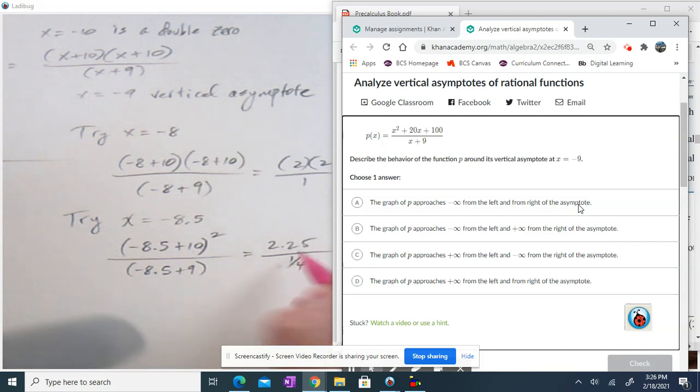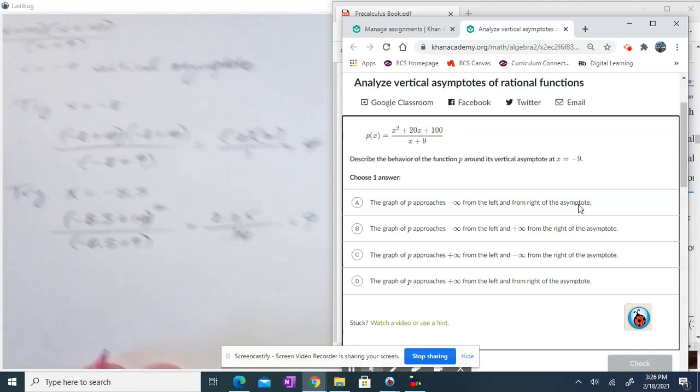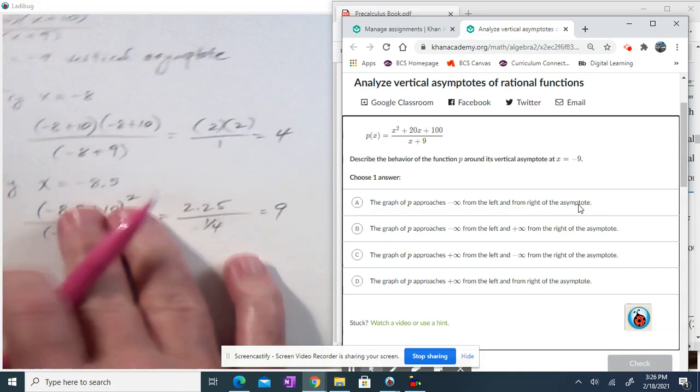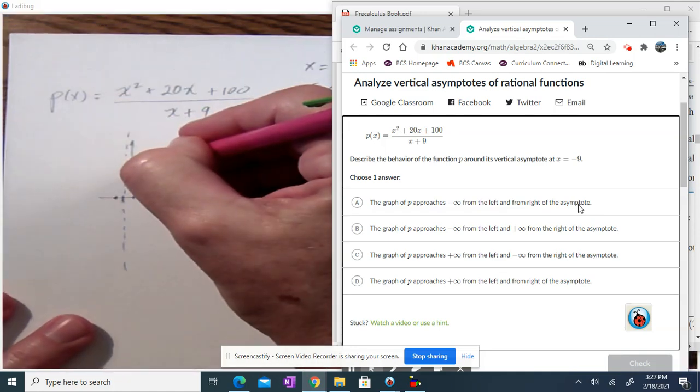So flip that over, multiply it to the top. It's going to be like 9 or something. It's not really important exactly what it is, but it just got bigger. So that means that as I get closer by half, it's going to almost double.